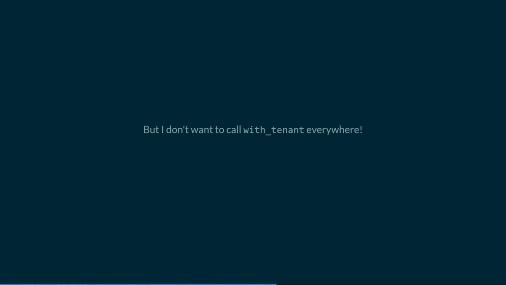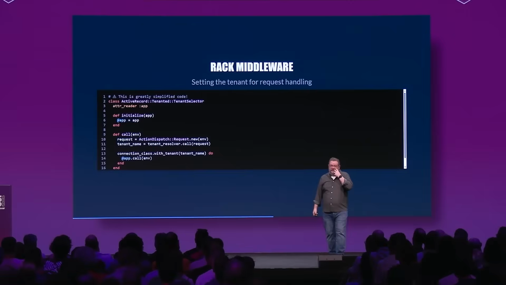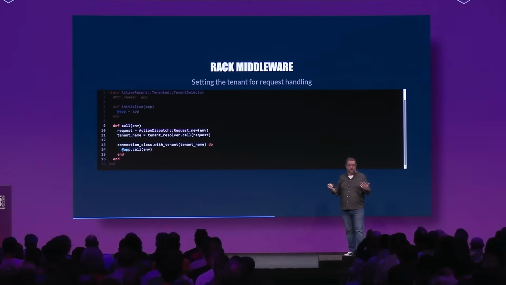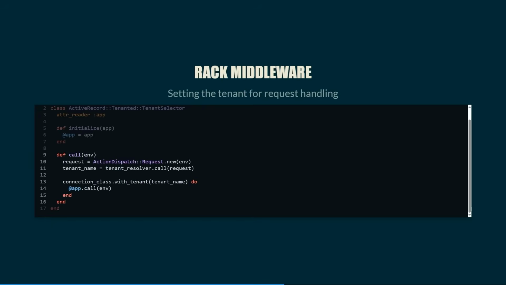All those examples had with tenant being called all over the place, and I mentioned that middleware should usually take care of this. I want to just explain really quickly how the middleware works. It's just a rack middleware class. If you're familiar with rack middleware, there's a call method that wraps everything else that happens during request processing.